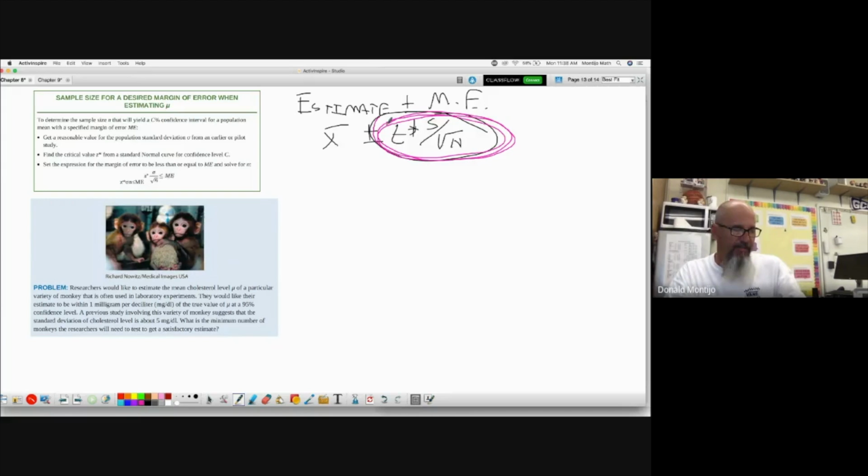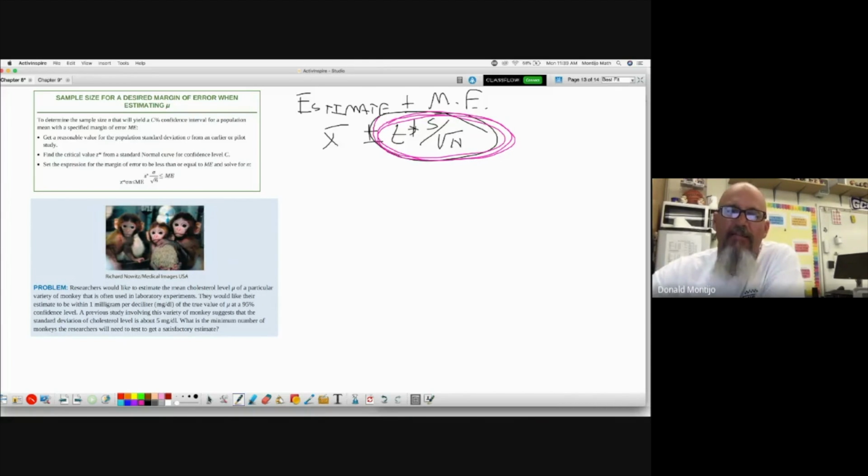So we need to figure out how we're going to do this. So T star, we don't know what N is. So when we're solving for the sample size for the desired margin of error for quantitative data, we're just going to use Z star.